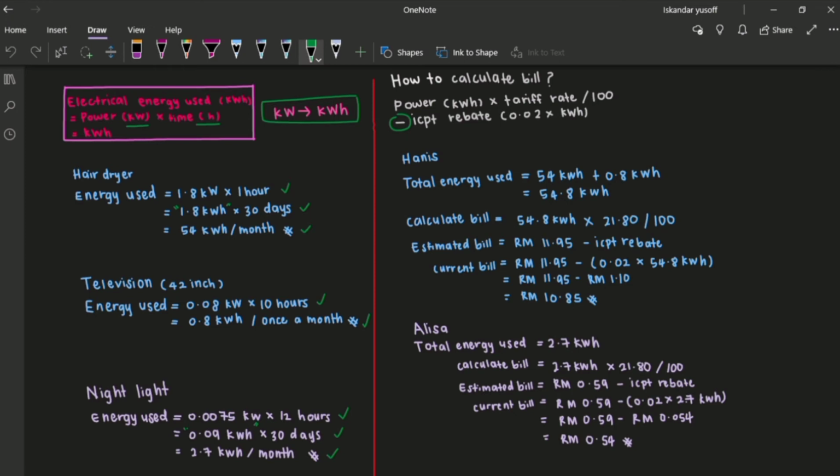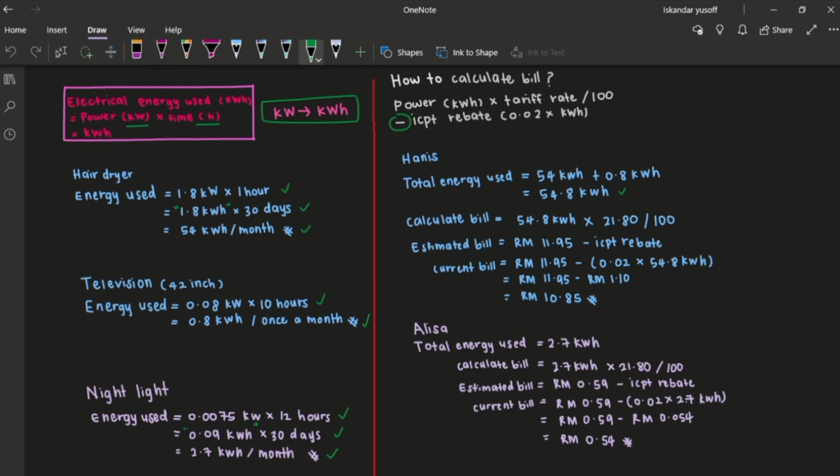So, the total energy used by Hanis is 54.8 kilowatt hour. Now, we want to calculate the electricity bill based on the energy used by Hanis.